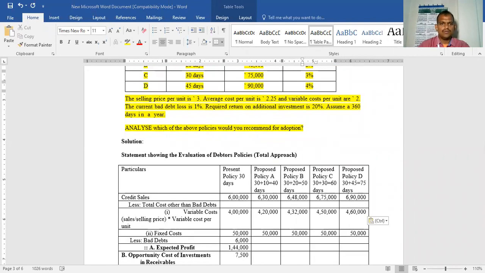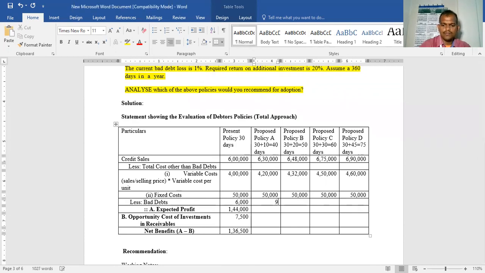So 6,30,000 into 1.5 percentage is 9,450, and 12,960, and 20,250, and 27,600.